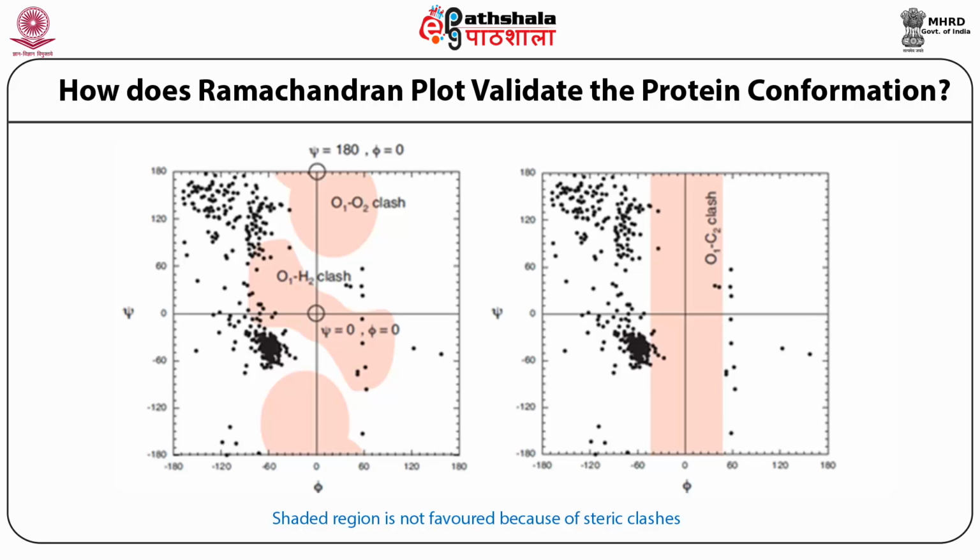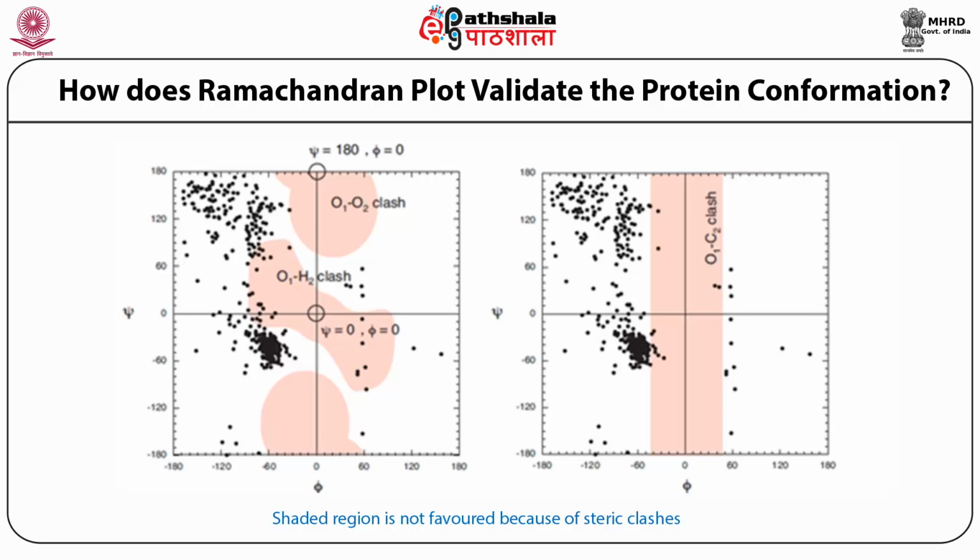In both the diagrams, the shadowed regions are showing what type of clashes are possible. For example, in the first diagram you can see O1, O2 clash. So these are the regions where O1 and O2 collide with each other. So these areas are not allowed, meaning these phi-psi combinations are energetically unfavorable. The same way in the middle region you can see O1, H2 clash, meaning in this phi-psi combination, O and H collide or clash, which is energetically unfavorable.